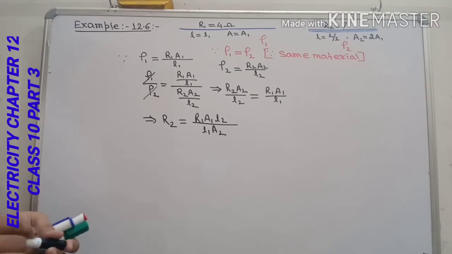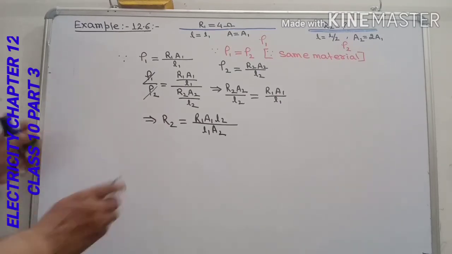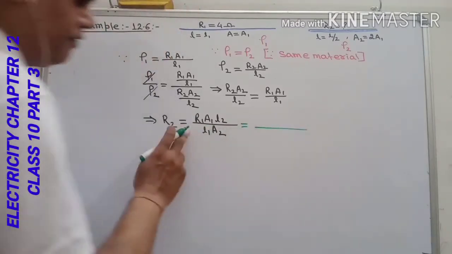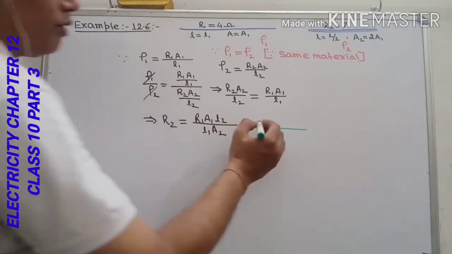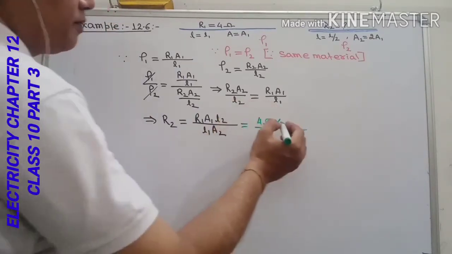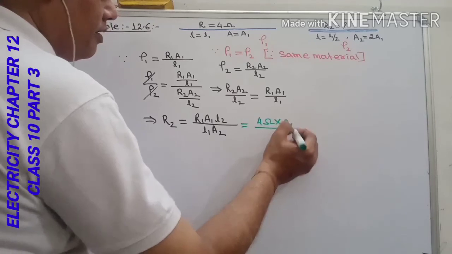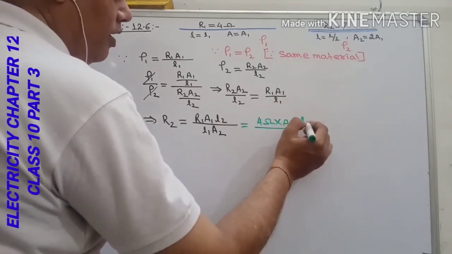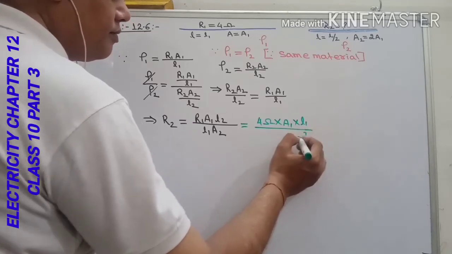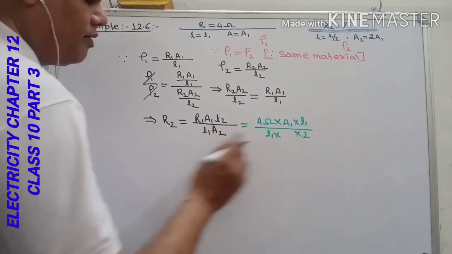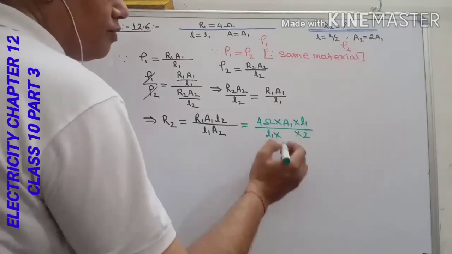Now we will put the values here. On putting the values, we will find out the value of R2. Now the value of R1 is given 4 ohms and A1 is, let it be A1, and L2 is equal to L1 upon 2. Now L1, let it be L1, and A2 is twice of A1.